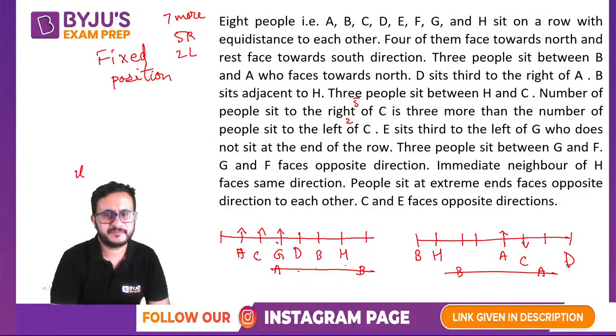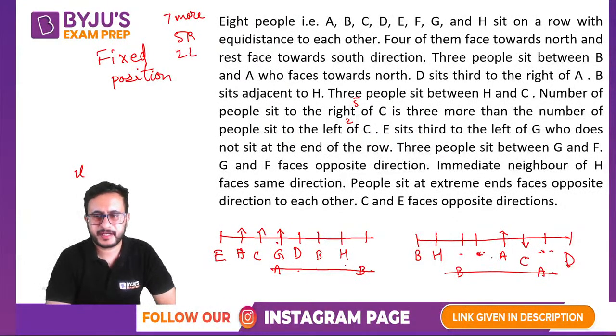So G will be north in this case and E will be this side. If we put G here, we get E here. Then one person is left, that is F, so we will get F here.